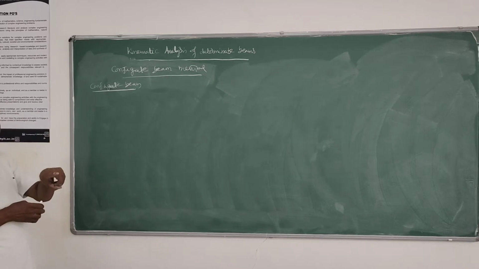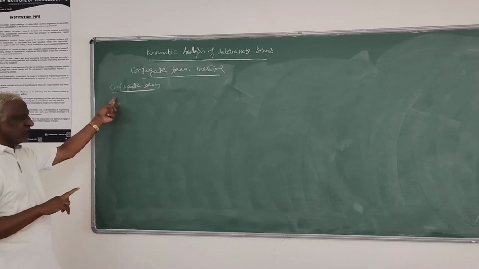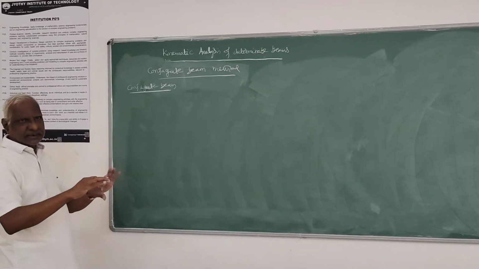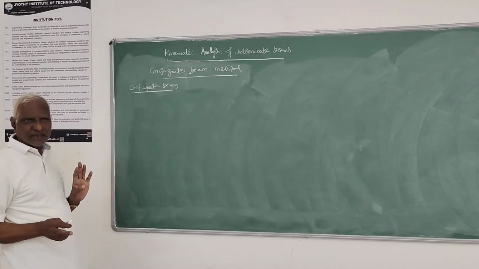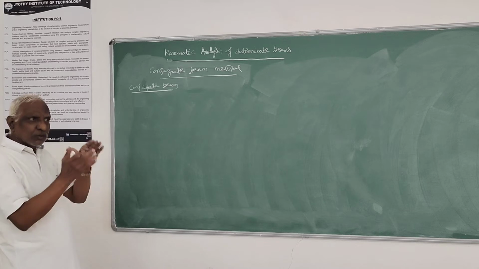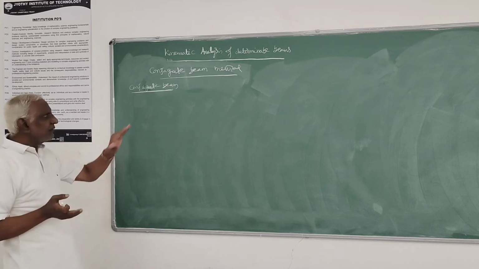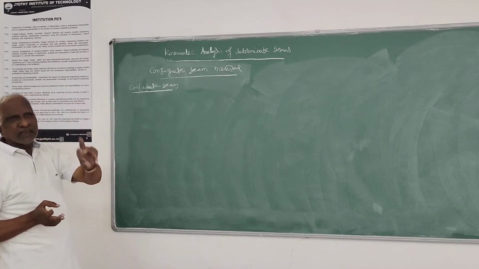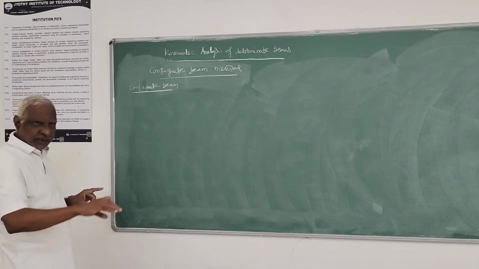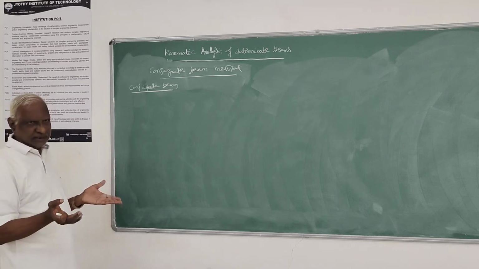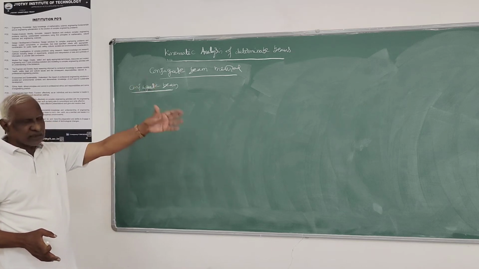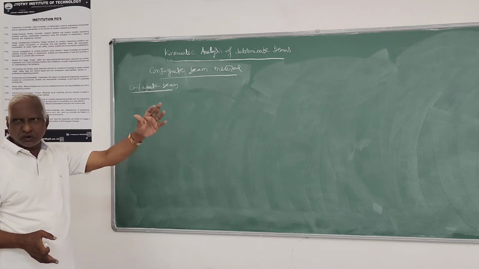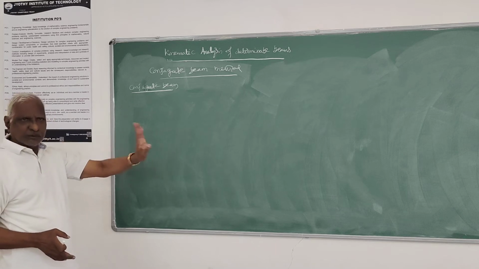But the loading and boundary conditions of the conjugate beam will differ from the real beam. I will give you the differences between the conjugate beam and the real beam in terms of loading and boundary conditions. In the real beam, whatever gravity load is there, concentrated load, UDL, moment, will be there.